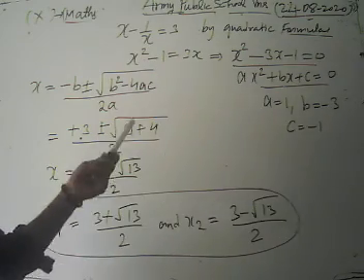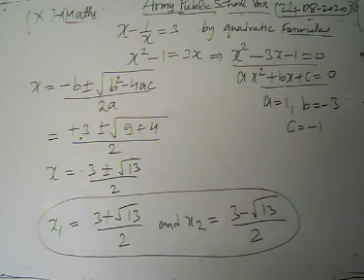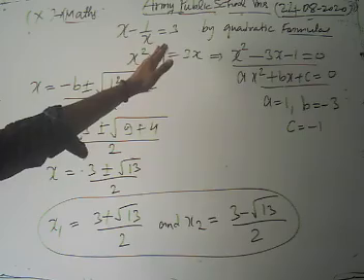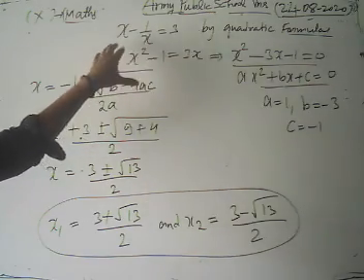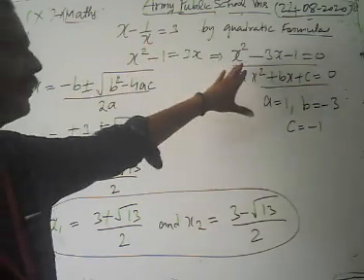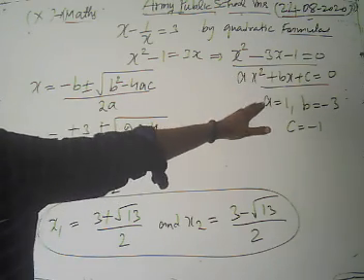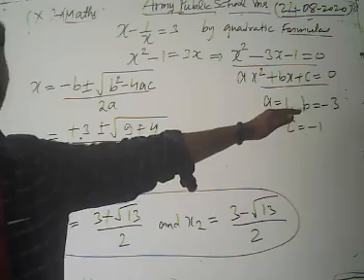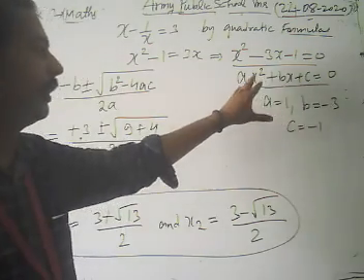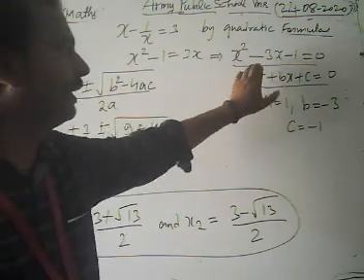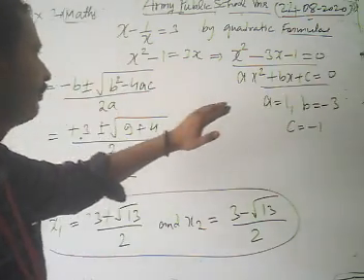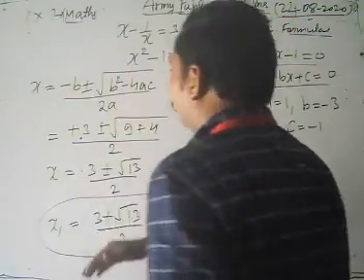First of all, our equation is given in the general form x minus 1 by x equal to 3. We are going to reduce it to the standard form. We get x square minus 3x minus 1 equal to 0. On comparing with our standard form ax square plus bx plus c equal to 0, we get the values a is 1, b is minus 3, c is minus 1. Then we use our quadratic formula.